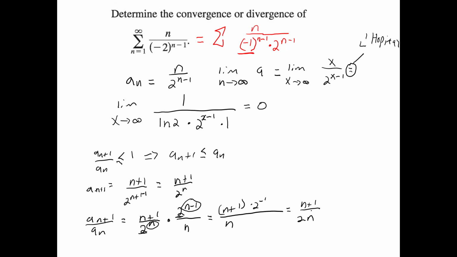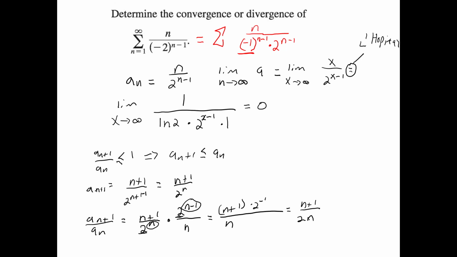Now, you should recognize that except for n being 1, if you add 1 to a natural number, you're going to be less than if you multiply that number by 2. So adding 1 is less than multiplying by 2 as long as n is bigger than 1. And here's another thing.